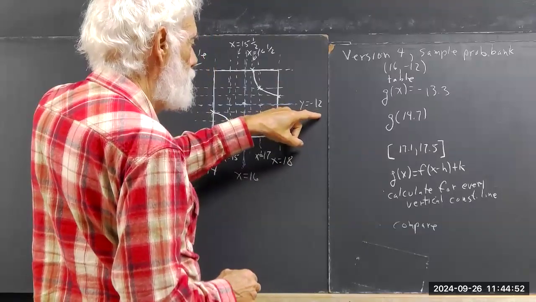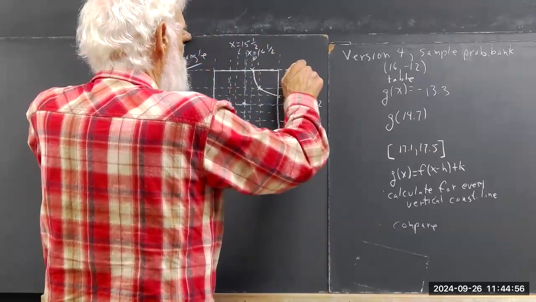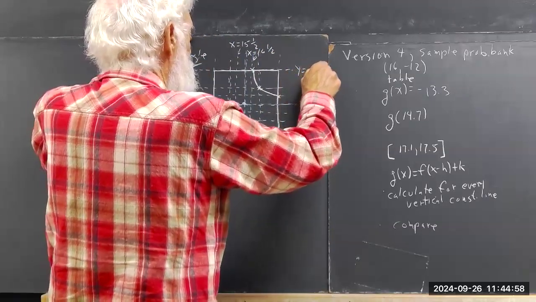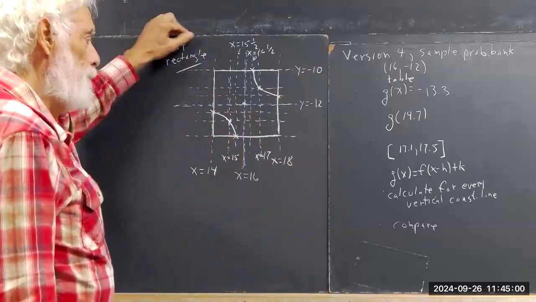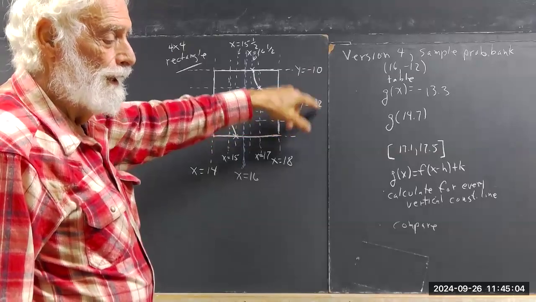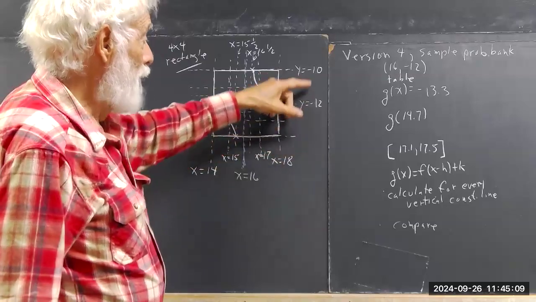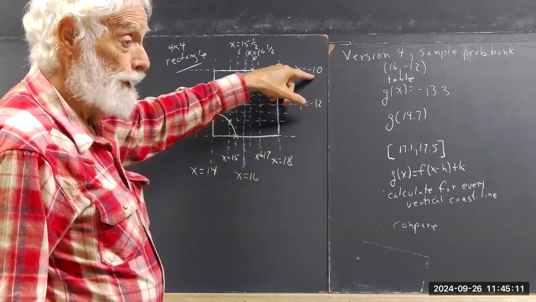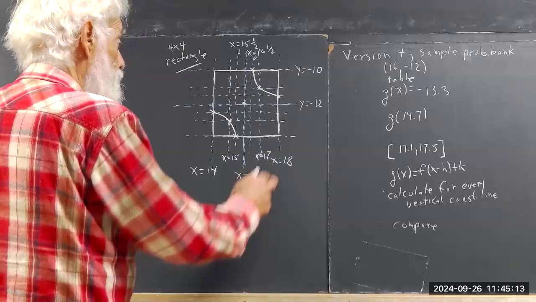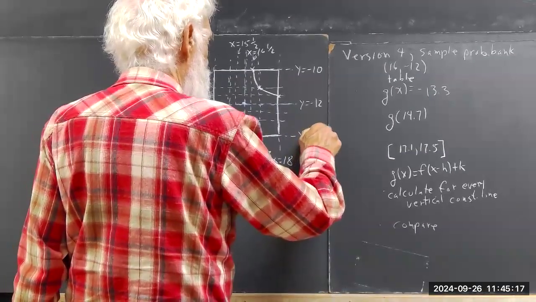If your temperature is 12 degrees below zero and you increase it by 2, you get 10 degrees below zero. If you're $12 in the hole and you get $2, now you're only $10 in the hole. Plenty of ways to understand that it's not negative 14 here, it's negative 10. Okay, and then down here you have y equals negative 14.